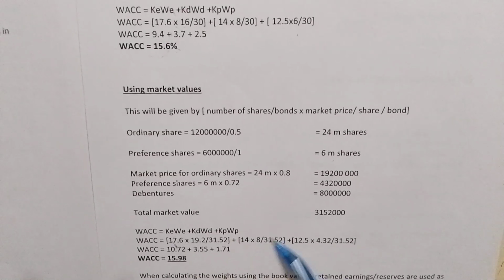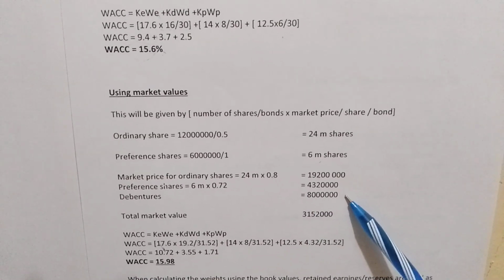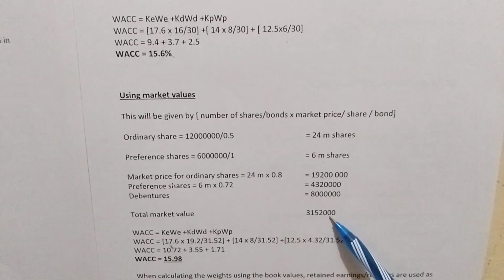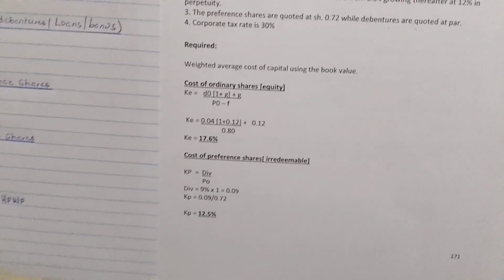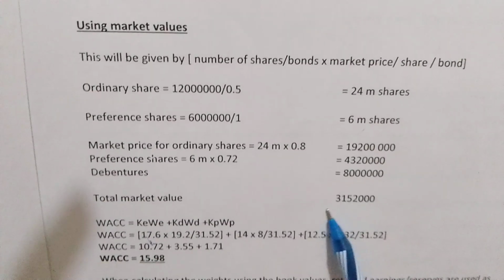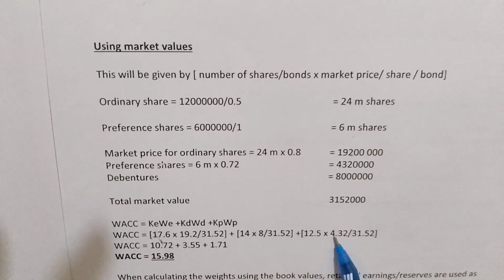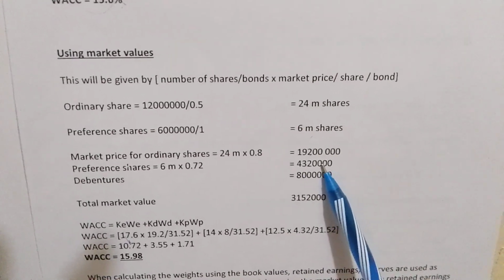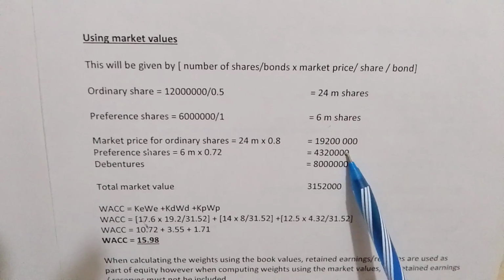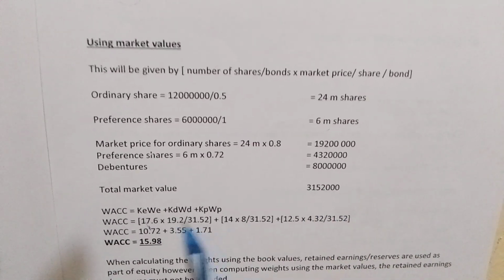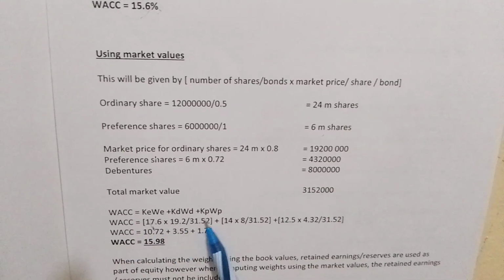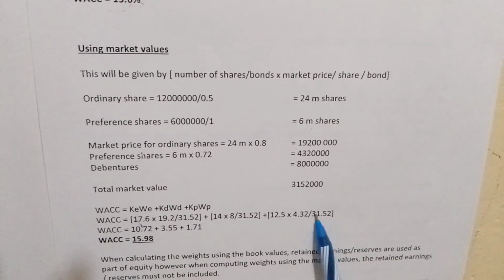You multiply by debt is here 8 million over total, that one, plus cost of preference shares. Preference shares, we had gotten 12.5 times weight, preference shares 4.32 over the total, that 1.5.